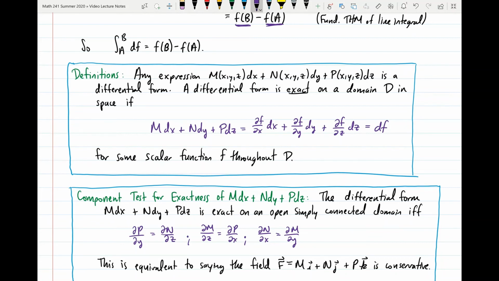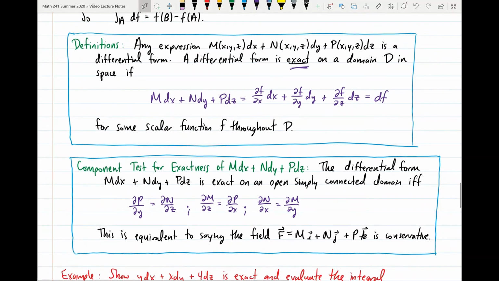But a differential form is exact on a domain D in space if this differential form can be realized as the total differential of some scalar function f. So if m dx plus n dy plus p dz is equal to partial f with respect to x dx plus partial f with respect to y dy plus partial f with respect to z dz, which is equal to the total differential of f by definition, for some scalar function little f throughout the region D.